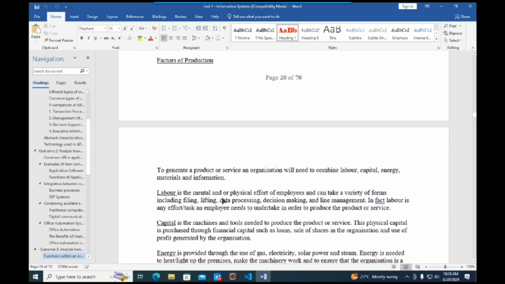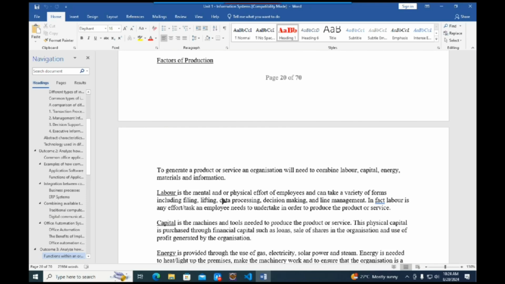There are factors that are considered when it comes to the production function. For an organization or a company to be able to generate a product or offer services, there needs to be a combination of a number of things.